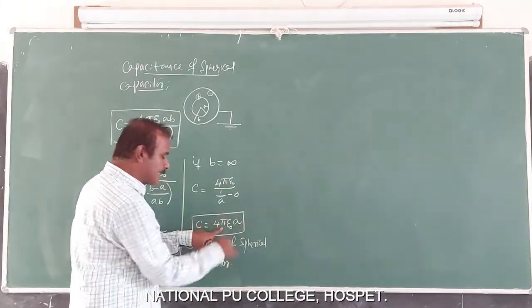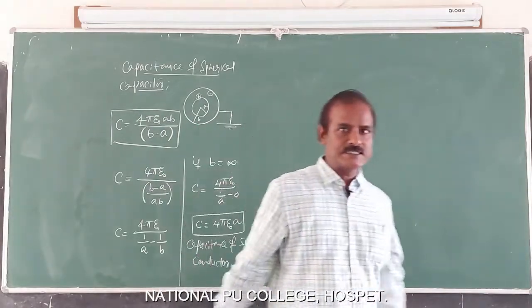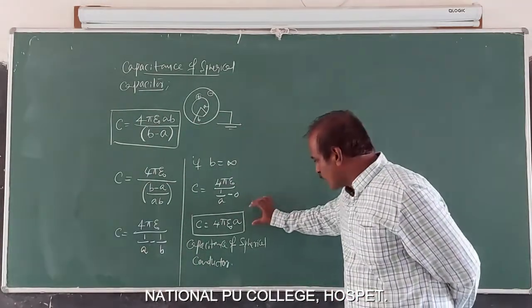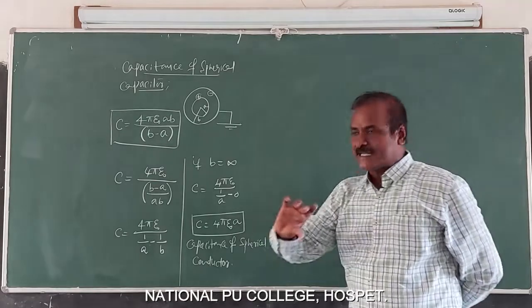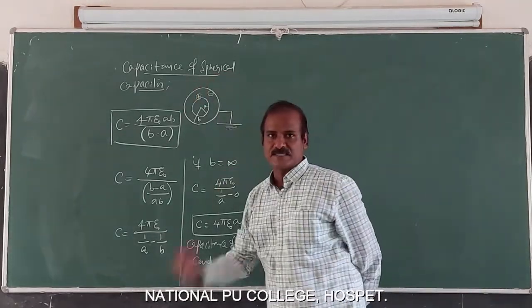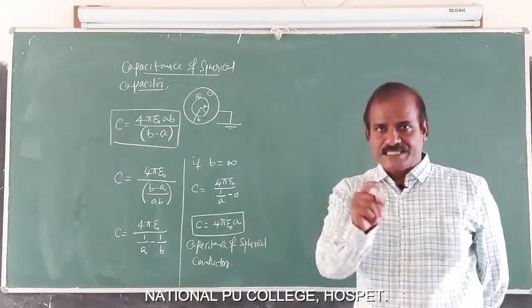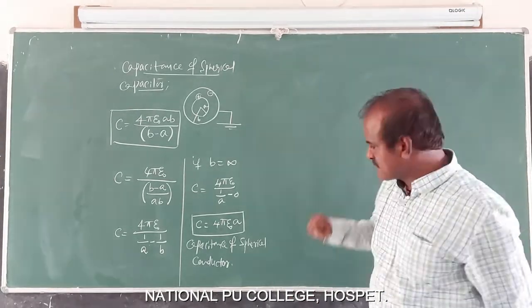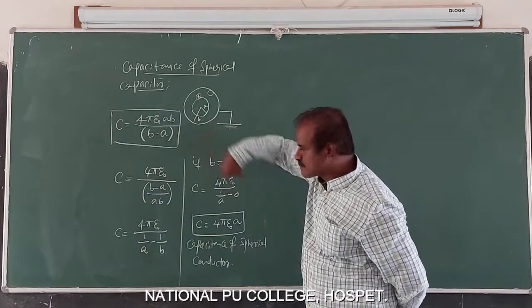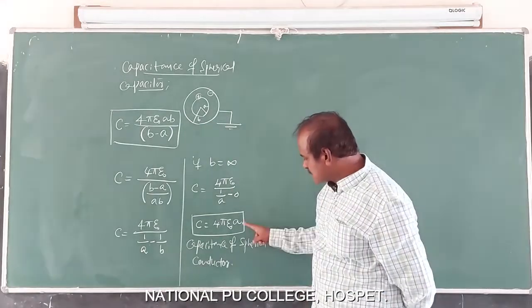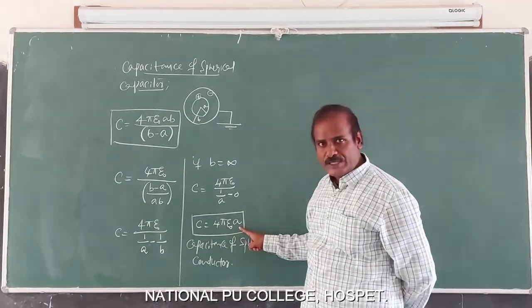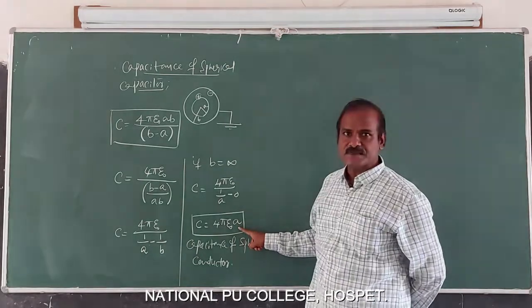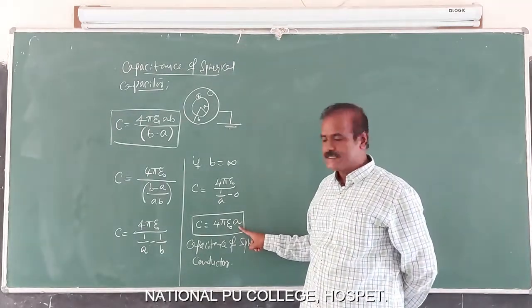What we can conclude is that the capacitance of an isolated spherical conductor is the same as that of a spherical capacitor whose outer conductor is at infinity. Means these two formulas are correlated. Earlier we derived this formula for the capacitance of a single isolated spherical conductor.